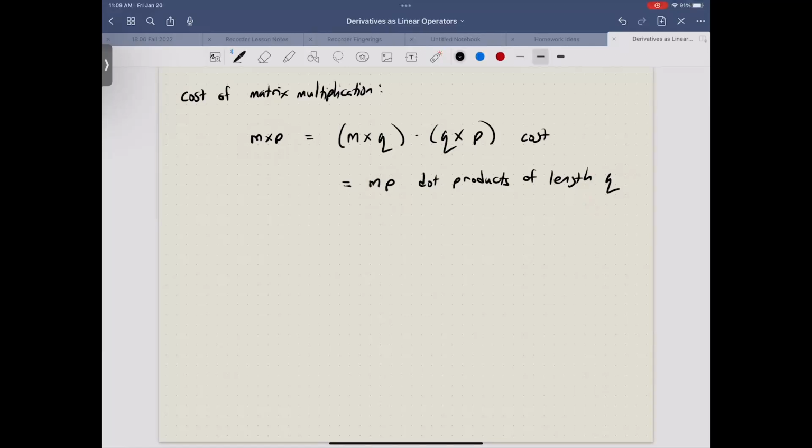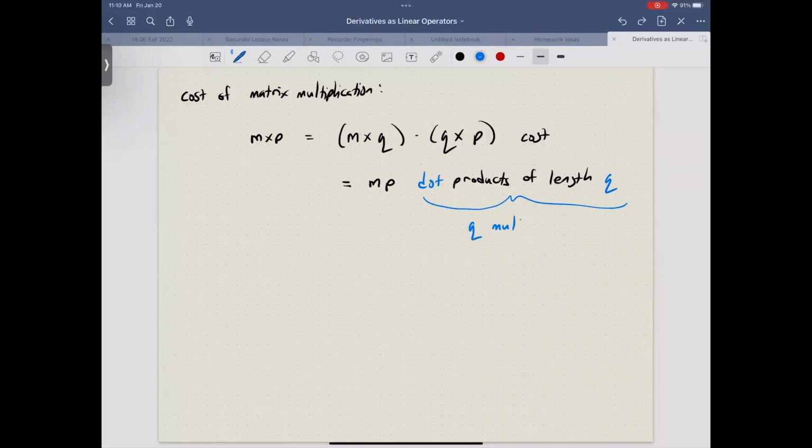And so how much does a dot product cost? Well, a dot product of length Q costs Q multiplications, right?